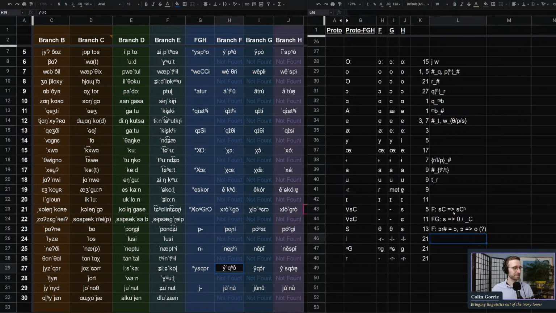Or maybe the opening is due to, so maybe O opens up before R. But if so, it did it in all the languages and probably did so in the proto-language. So I don't think we should deviate from that.